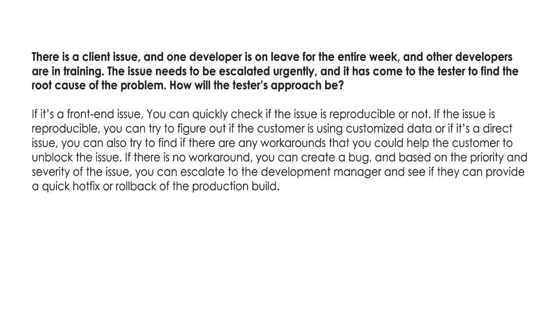You can also try to find if there are any workarounds that could help the customer to unblock the issue. If there is no workaround, you can create a bug, and based on the priority and severity you can escalate it to the development manager and see if they can provide a quick fix or rollback, you know, rollback of the production build.